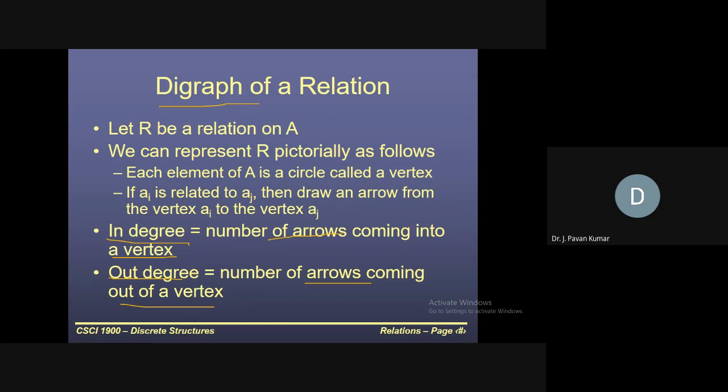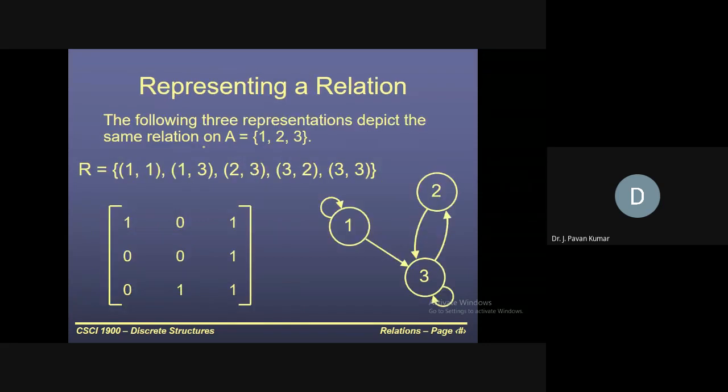Now we will consider each element as a vertex. Next, if one vertex is related to another one, that is, one element is related to another one, we will form an edge, and that too a directed edge. Like this we can form a directed graph to represent a relation. Okay, this is the gist of the entire representations of a relation.